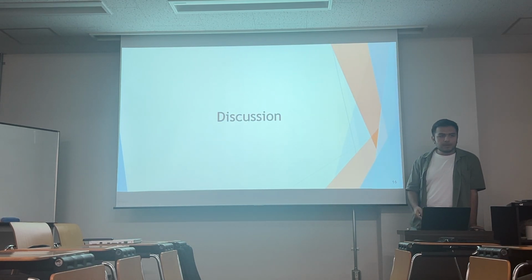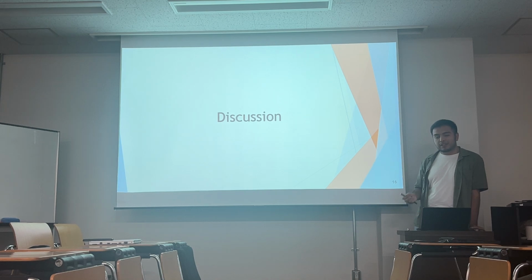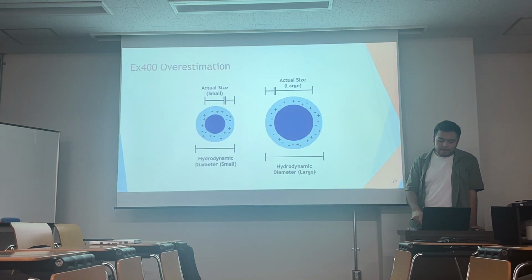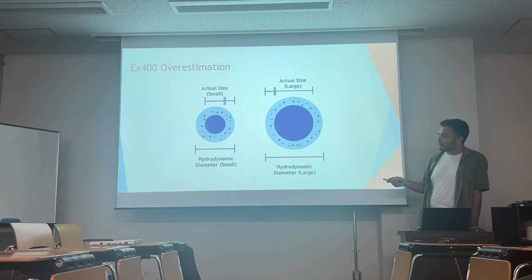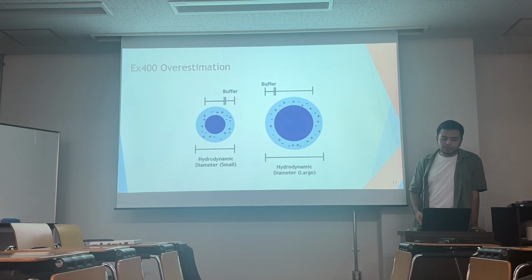So some discussion. Why is the EX400 overestimating this particle size every single time? Why is the line parallel? If we go back to talking about hydrodynamic diameter for a little bit, we have 2 different particles of different sizes. One is smaller, one is larger. You can see here there's this difference between its actual size and its hydrodynamic diameter. We'll just call that the buffer for short.